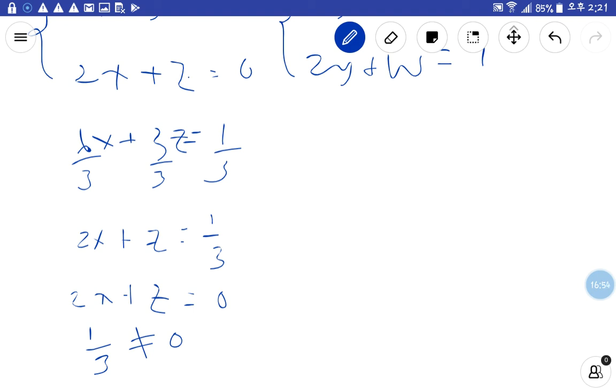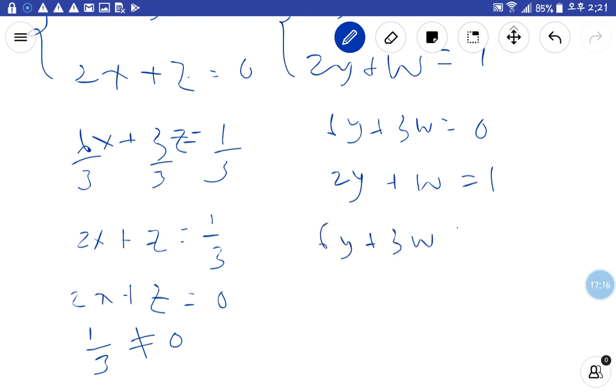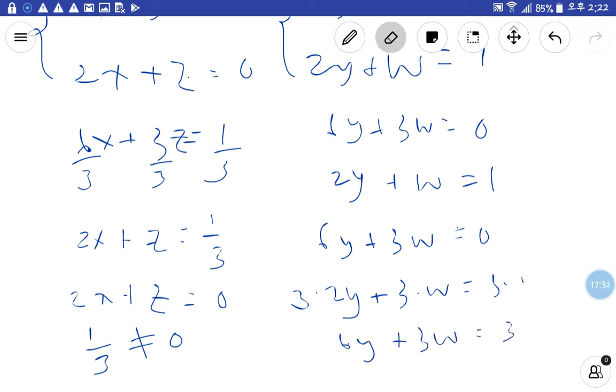And my second one, 6y plus 3w equals 0, and 2y plus w equals 1. To solve this system, I multiply 3 on each side of my second one, so I have 6y plus 3w equals 0. Just bring it down. And then I times 3 times 2y plus 3 times w equals 3 times 1. That becomes 6y plus 3w equals 3.